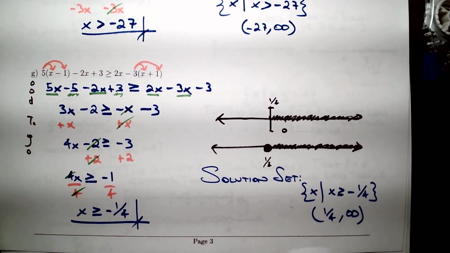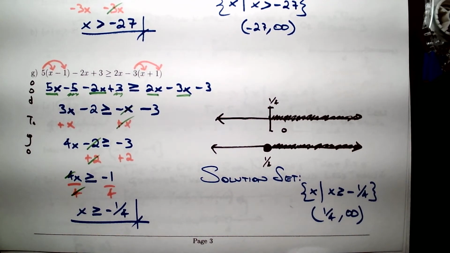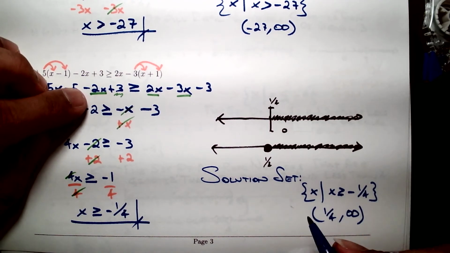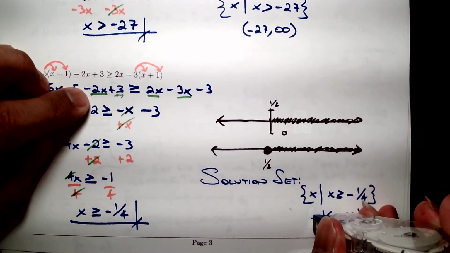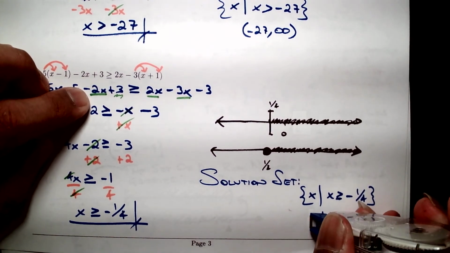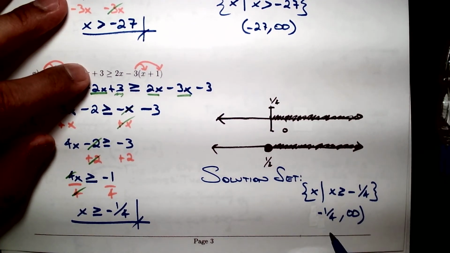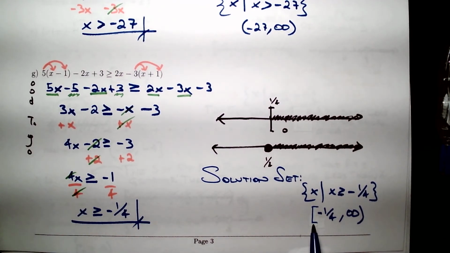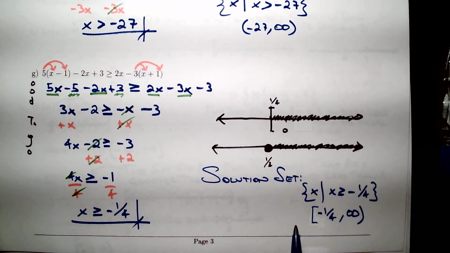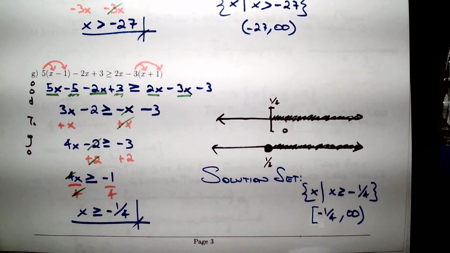Okay, and if you look at this, you might be thinking, well, I made a couple of mistakes. Of course, number one, I forgot the minus here, and the other mistake I made is the wrong grouping symbol. The right grouping symbol should have been a bracket, not parentheses, because we have the inequality sign.